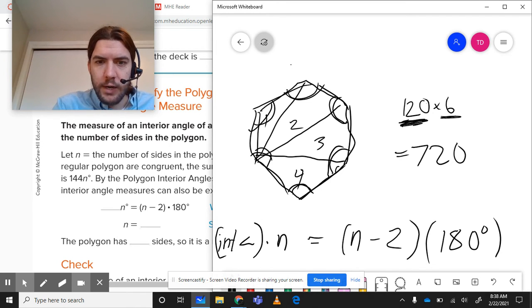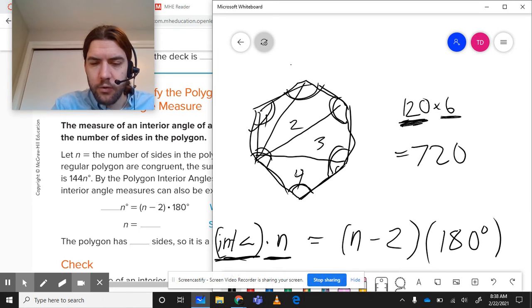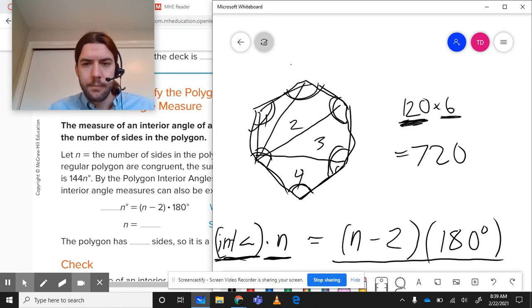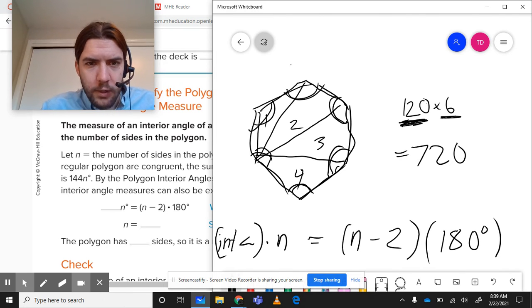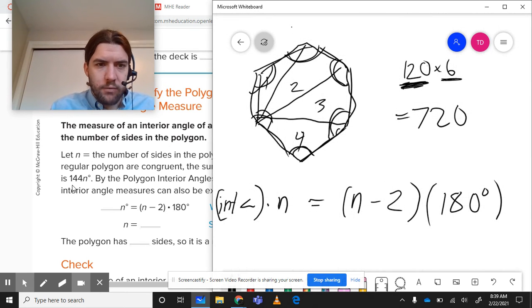We can write that the sum of the interior angles equals n minus 2 times 180, or we can write that an individual interior angle times the number of angles equals the number of sides minus 2 times 180. Just adding a little bit of nuance there. Now, in this problem, they give us an interior angle of 144 degrees.